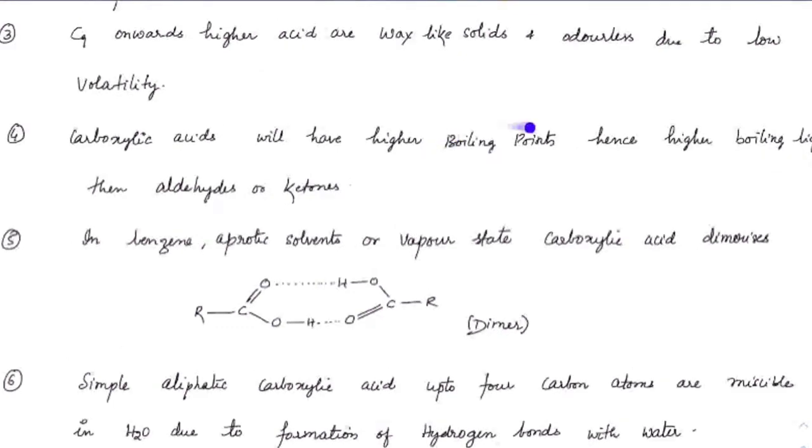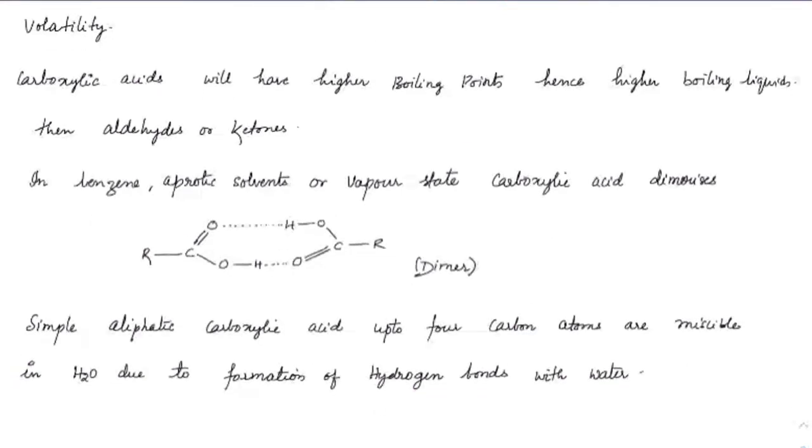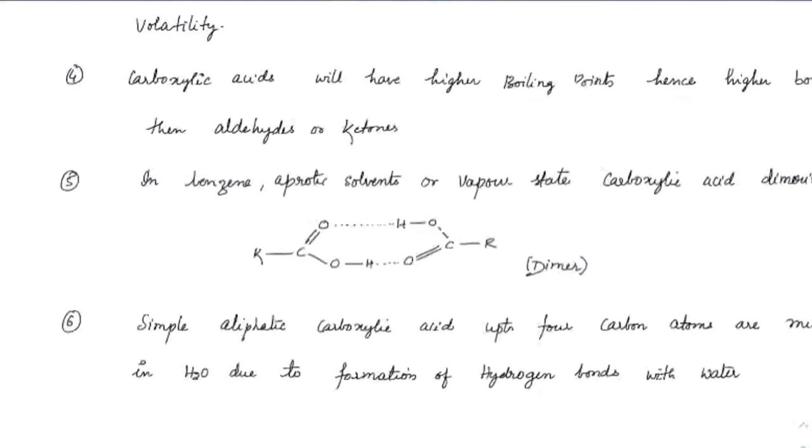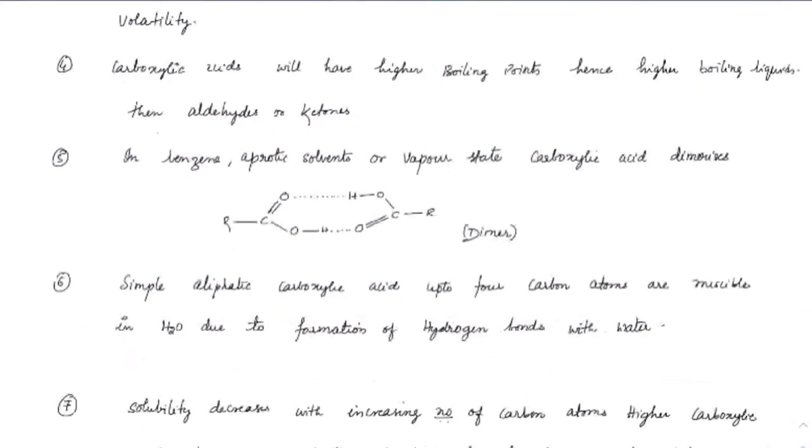And normally all carboxylic acids will have higher boiling points, right? Because they will have strong intermolecular hydrogen bonding, which will be greater than that of comparable aldehydes or ketones. Now, if you come across benzene or any aprotic solvent or vapor state, carboxylic acid always exists as a dimer.